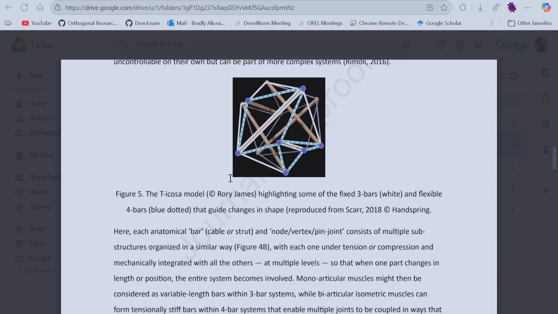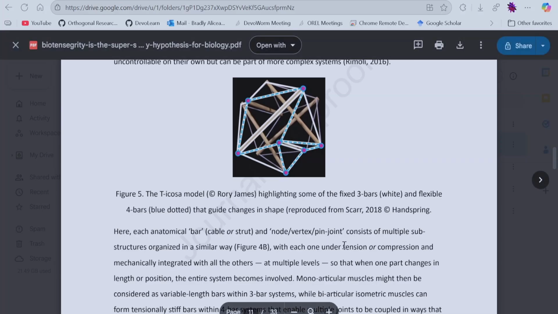Oh, okay, I'm drawing a blank. Yeah, there's a T3 and a T4. Oh, okay. Maybe that's all. Yeah, so it's calling it a T-ICOSA model.